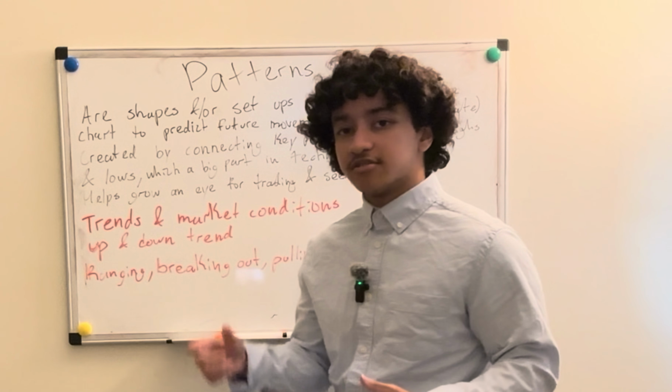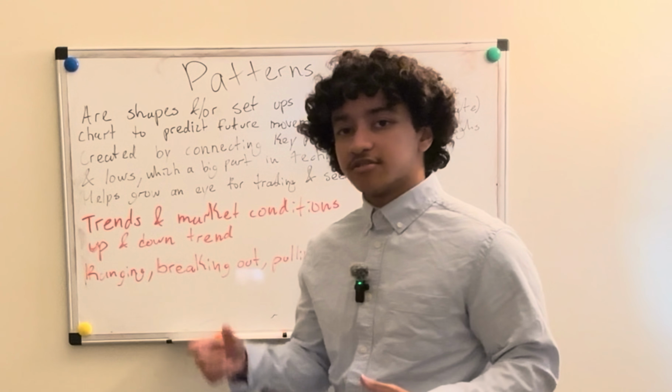Let's see another pattern. We have the bull flag pattern, where the stock goes up and then starts to range, then forms a slight downtrend, and then completely breaks out. You can see right here this is the flag, and this is the pole of that flag. We see lower high, lower high, lower low, lower low.